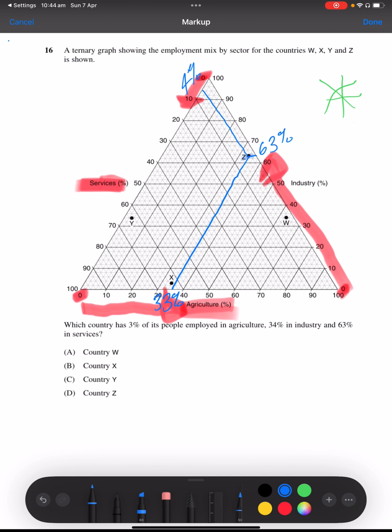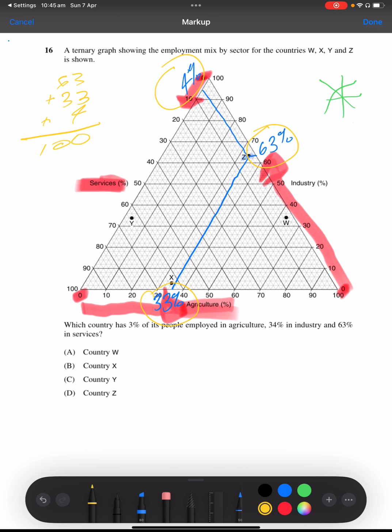Now, we know that we've got it right when each line is going in a separate direction, and these numbers here, 4, 63, and 33 all equal 100. So we'll quickly just do that. 63 plus 33 plus 4, we know equals 100, okay?